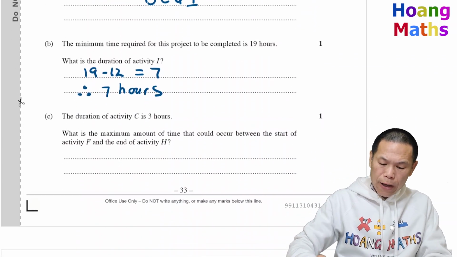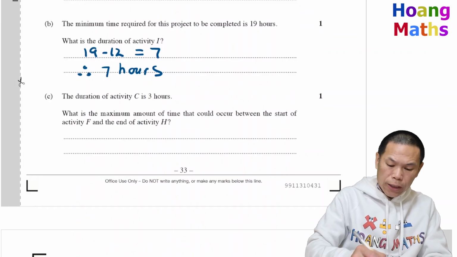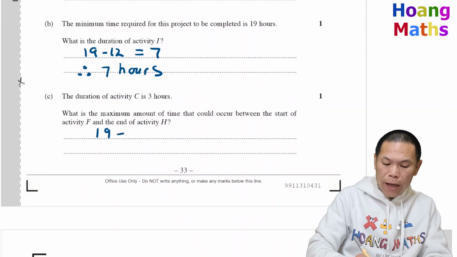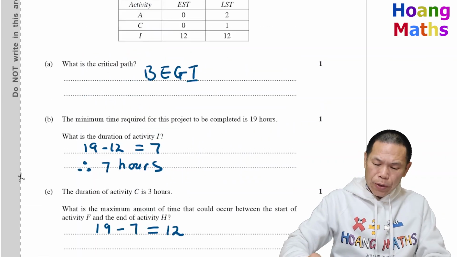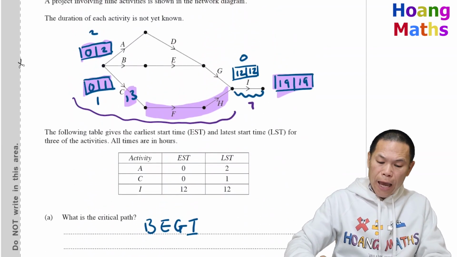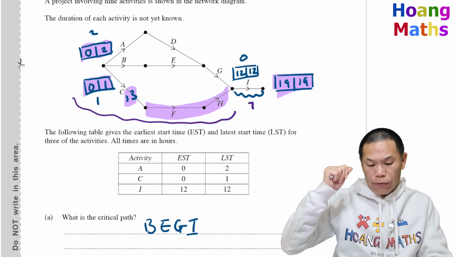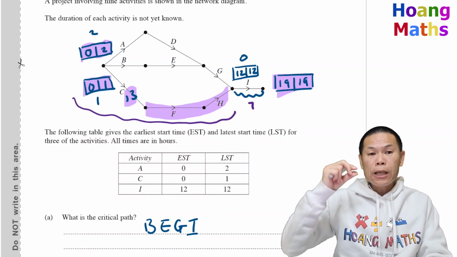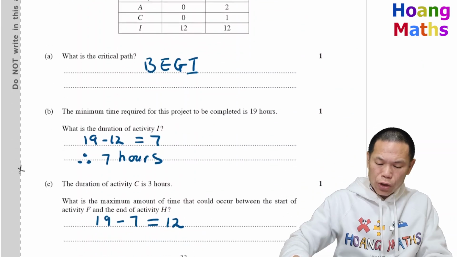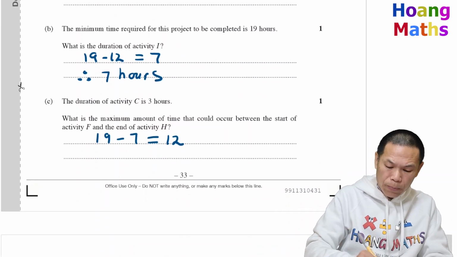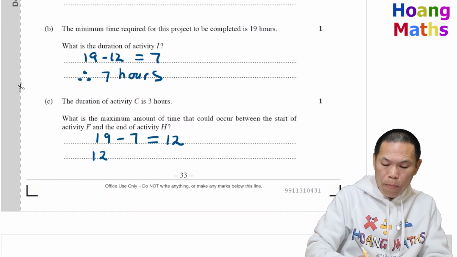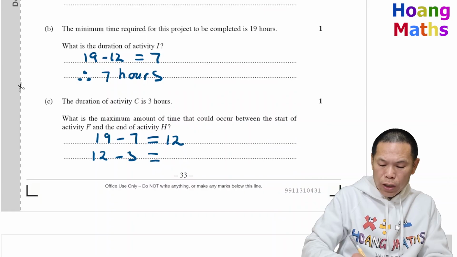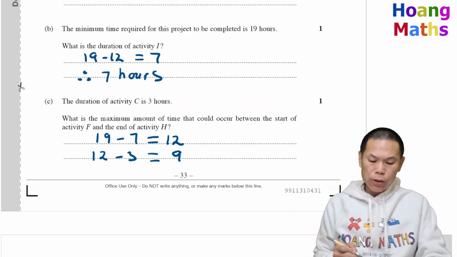So let me just write this down first. So we have 19. We minus 7 will give me 12. So this means that's 12 hours between activity C, F, and H. But C is already taking 3 hours. So between F and H will be 12 minus 3. So that will give me 9 hours.